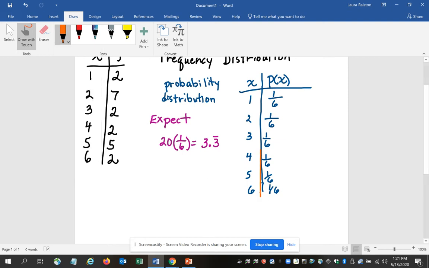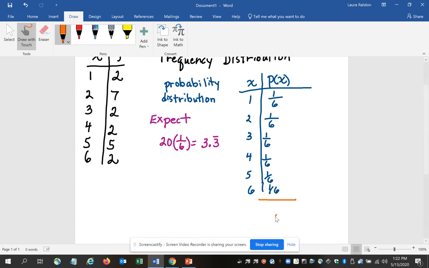And the third condition is that if we add up all of these probabilities for all the different things that can happen, and there's only 6 things that can happen, we get 1/6 plus 1/6 plus 1/6 plus 1/6 plus 1/6 plus 1/6.